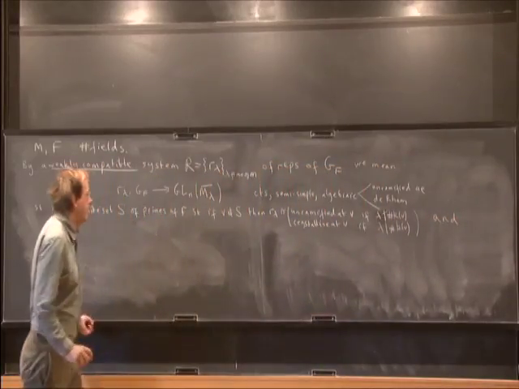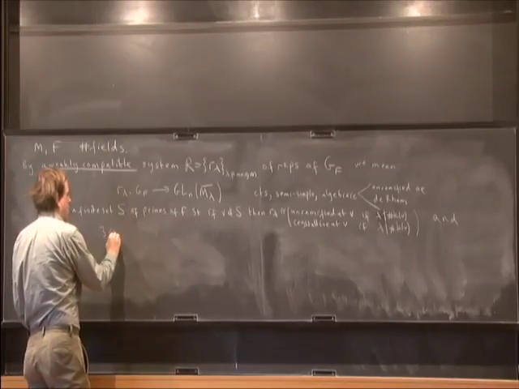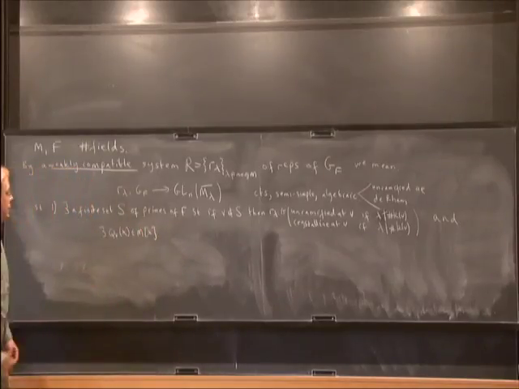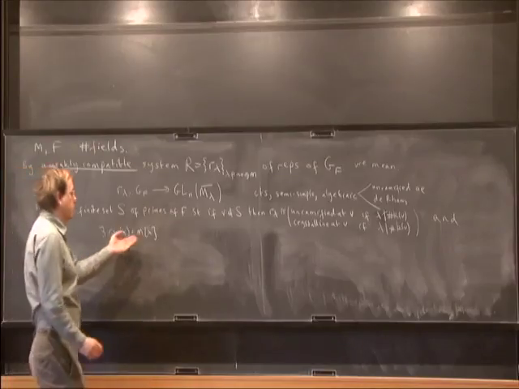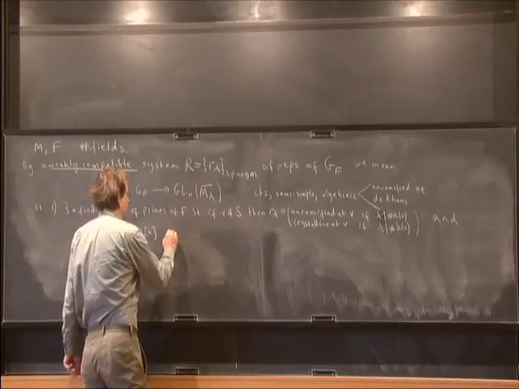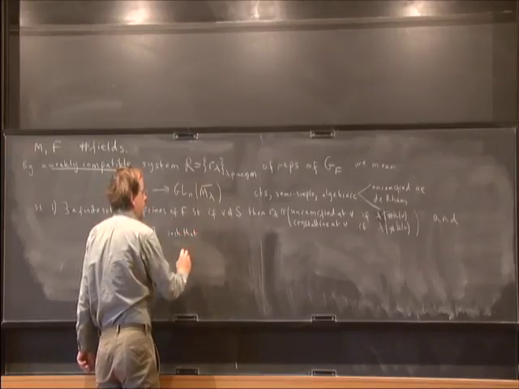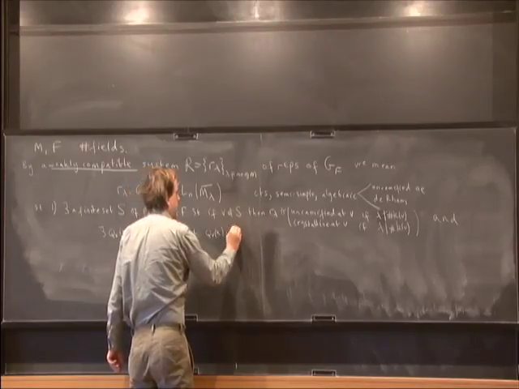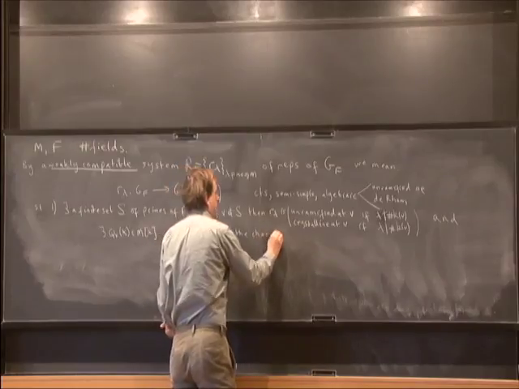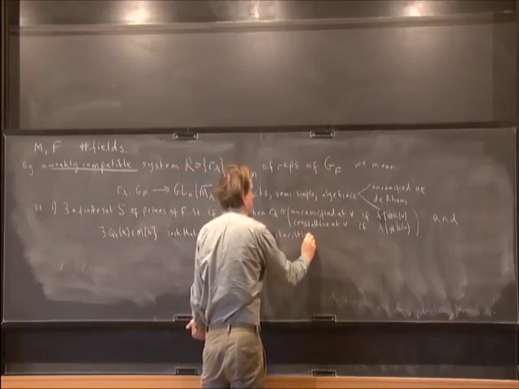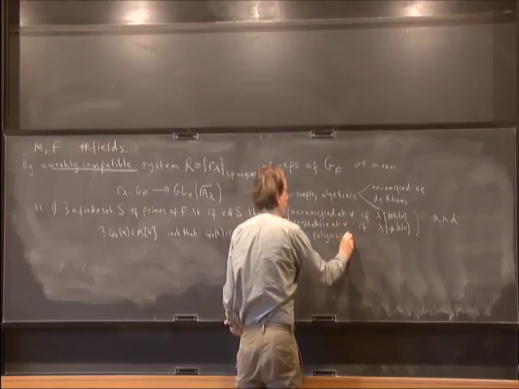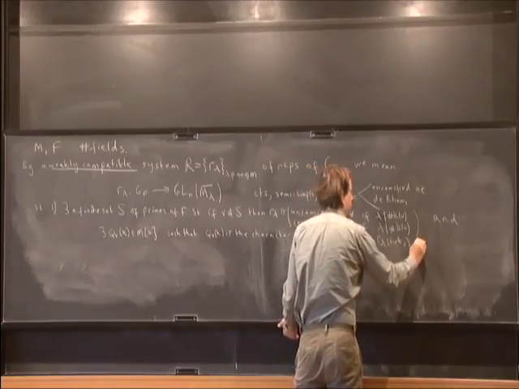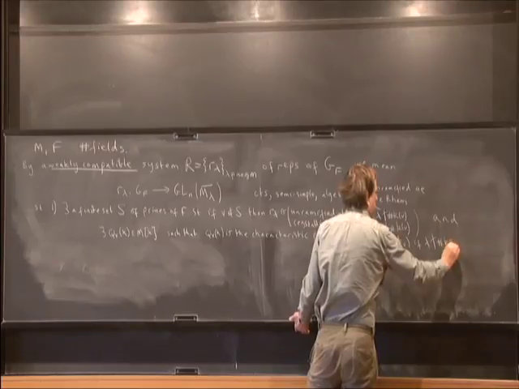And this compatibility: there exists Q_v of X, a polynomial in a variable with coefficients in M, which will be the common characteristic polynomial of Frobenius, such that Q_v of X is the characteristic polynomial of R lambda of Frobenius at v if lambda doesn't divide the residue characteristic of v.